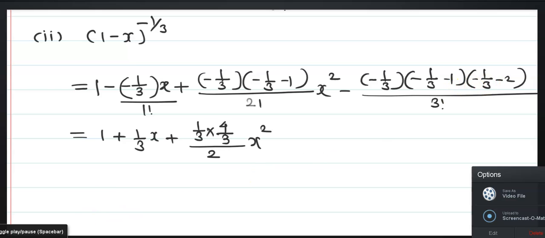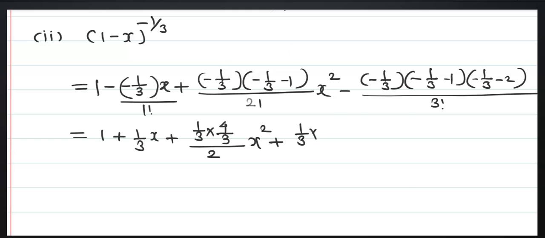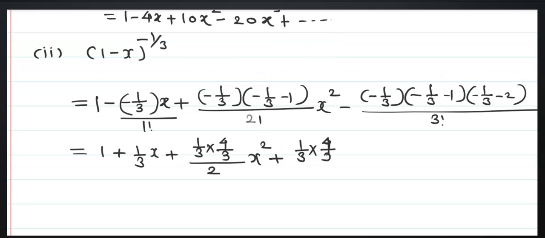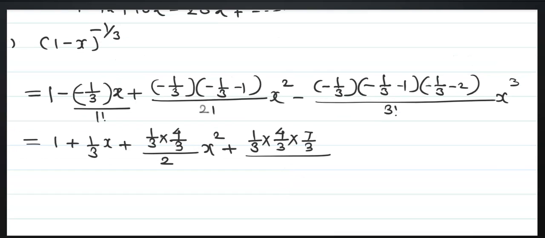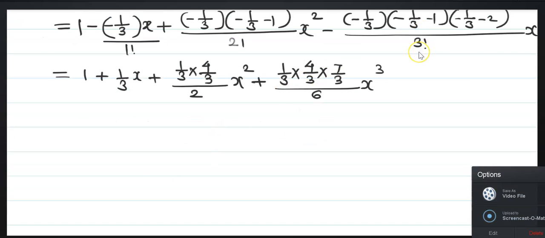Now see this here, plus 1 by 3, 4 by 3, 7 by 3, sorry, upon 3 factorial, which means 6, into x cube. Now this is 1, 2, 3, 4 terms.